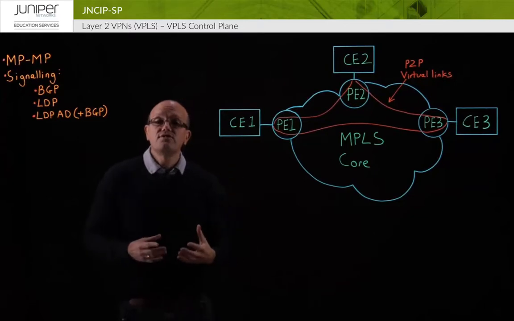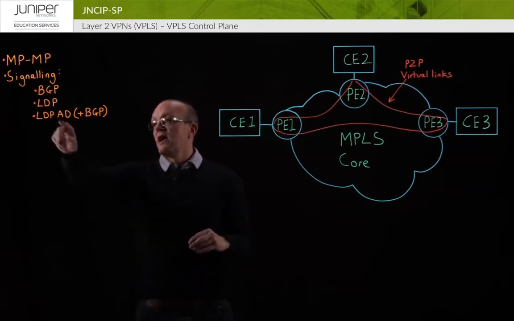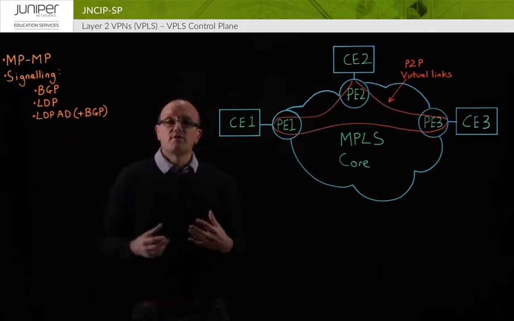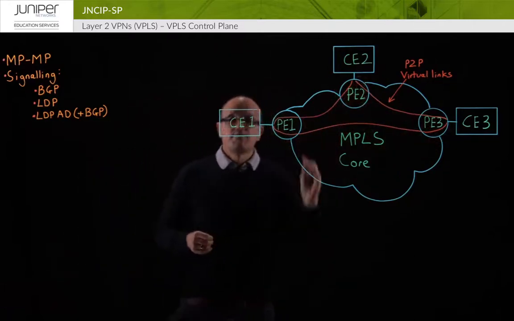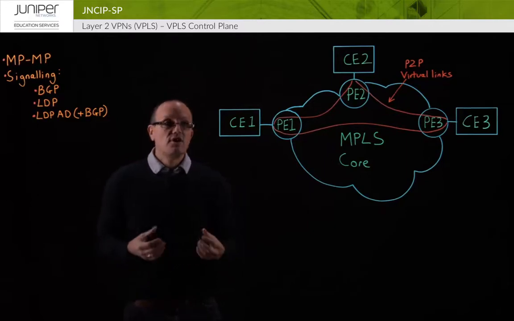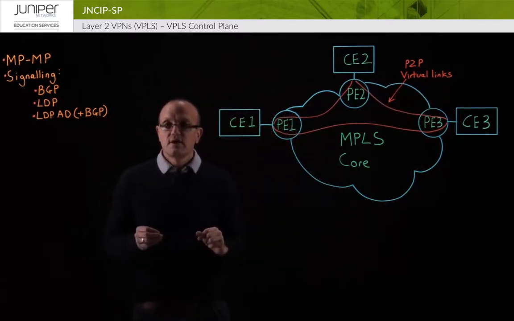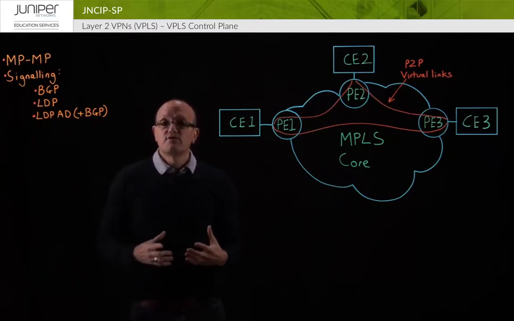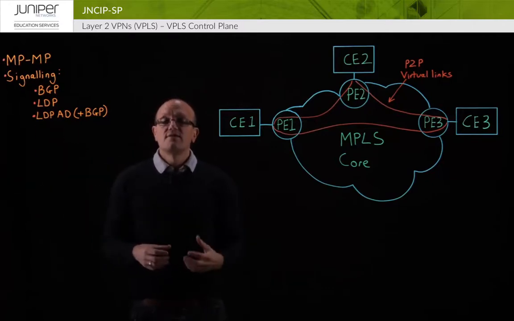If we wanted to reduce the amount of configuration required, we could again turn to LDP auto-discovery. That is, we use multi-protocol BGP to advertise the PE endpoints that we're then going to bring up targeted LDP sessions to, to form the virtual circuits. Remember that if we're using LDP alone, this is going to be FEC 128. If we're using LDP auto-discovery, this is FEC 129.